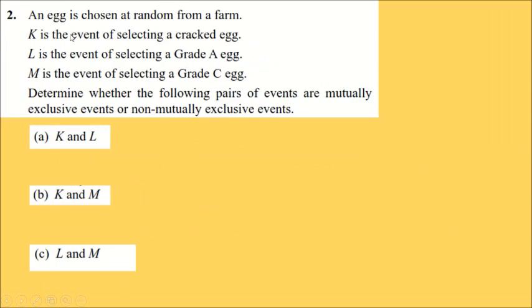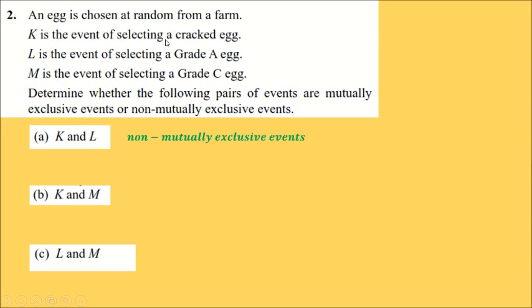Okay, number 2. An egg is chosen at random from a farm. K is the event of selecting a cracked egg. L is the event of selecting a grade A egg. M is the event of selecting a grade C egg. K and L can be non-mutually exclusive events. Why?